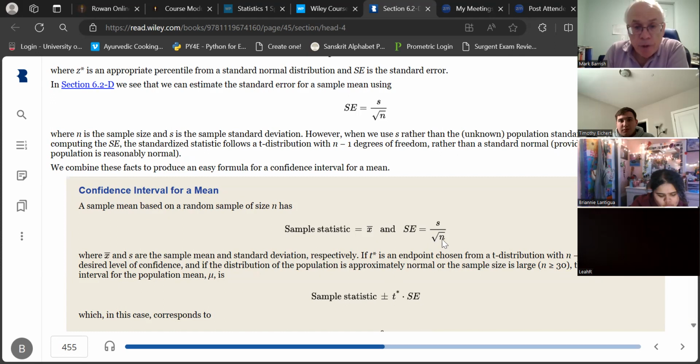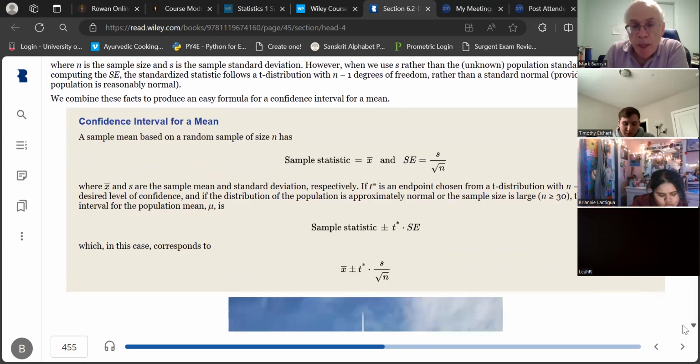And then once you have the standard error, you multiply it by the t using inverse t to give you the margin of error. And then you're doing the same thing we did before with proportions. We use the sample mean plus or minus the margin of error. That gives us our endpoints for the confidence interval. And we do it pretty much the same way as we did before. But we'll do some examples just to show you how to do it with your calculator.